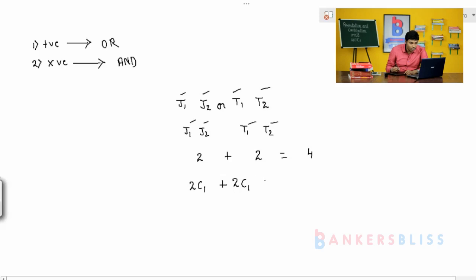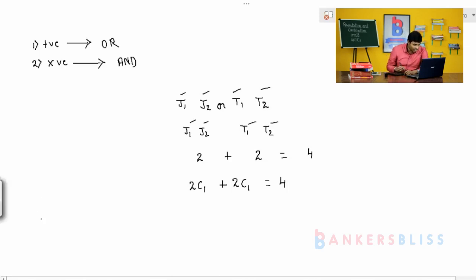How many ways? 4 ways. Among 2 items you select one, 2 ways; among the other 2 items you select one, again 2 ways. Altogether 4 ways, which is nothing but selecting one among 4. This is called the OR condition.